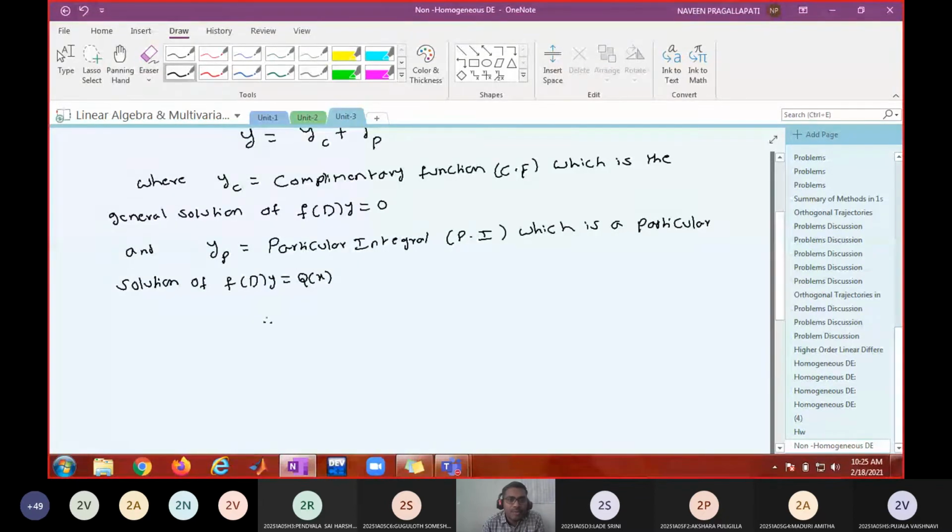So therefore y equal to CF plus PI, complementary function plus particular integral.